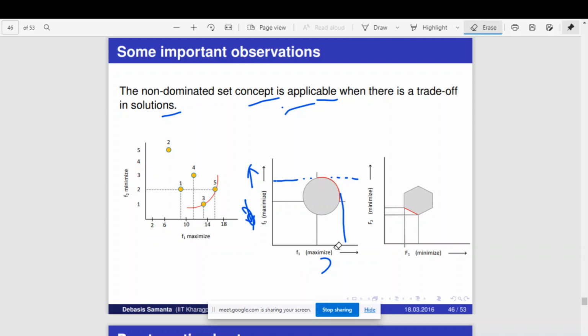If both the functions are to be minimized, then where will the Pareto optimal front be? Here we are maximizing F1 and maximizing F2, so the Pareto optimal front is here. If you want to minimize both, then where will the Pareto optimal front be?